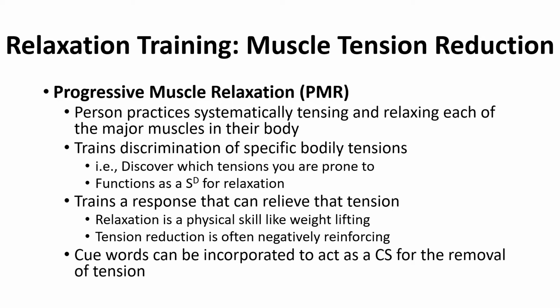Maybe that's the place where you hold all of your tension for this sort of stress. And then when you notice tension in your shoulders in the future, that could function as a discriminative stimulus to help you know to go through this process to start relaxing.